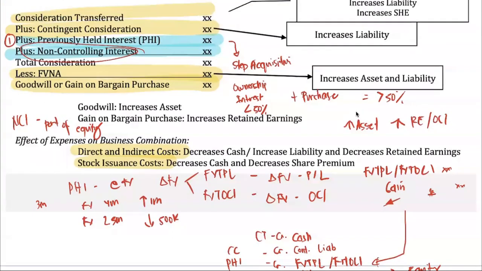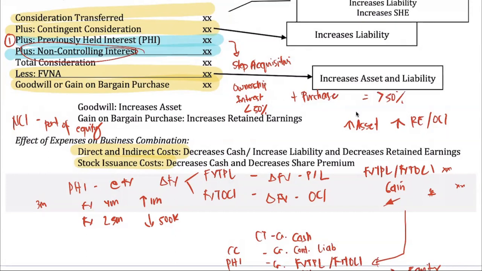Let's repeat. In your stock acquisition, this is almost the same as your asset acquisition at the date of business combination. The difference only is your previously held interest and your non-controlling interest. The previously held interest will first be adjusted based on the change in fair value. How will you adjust it again? If it is FVTPL, the change in fair value is presented in profit or loss.